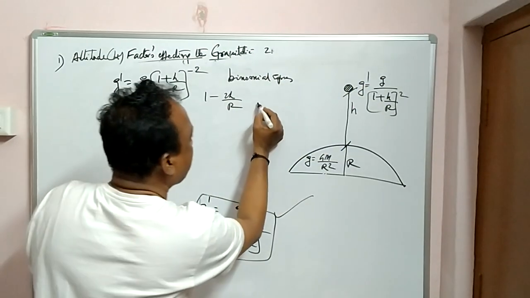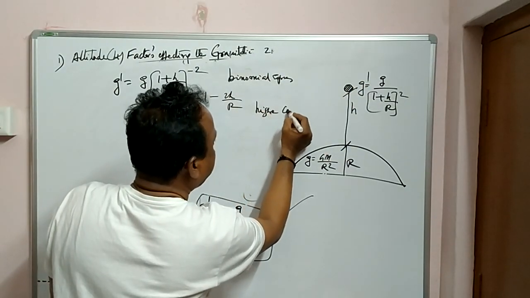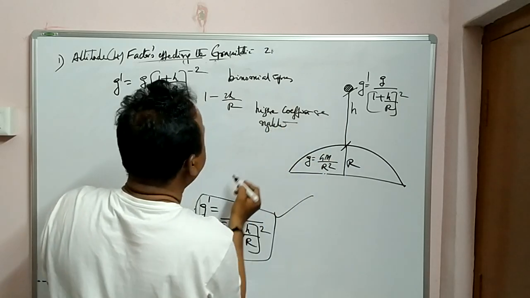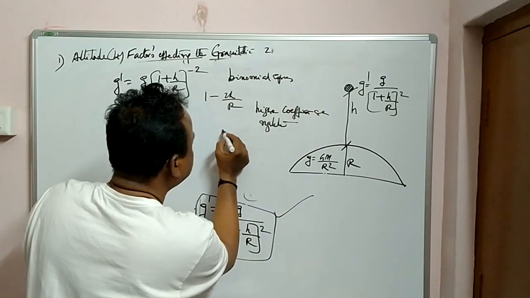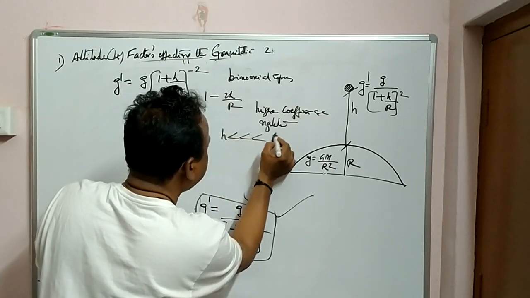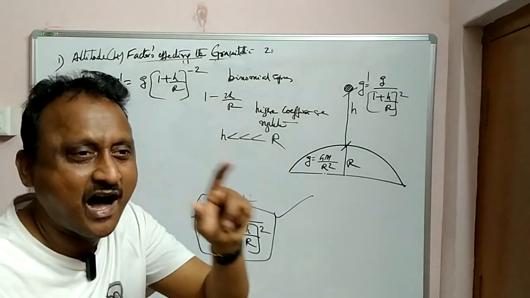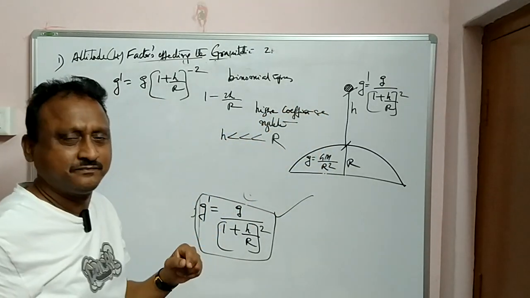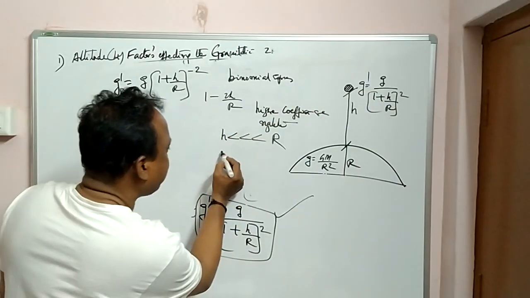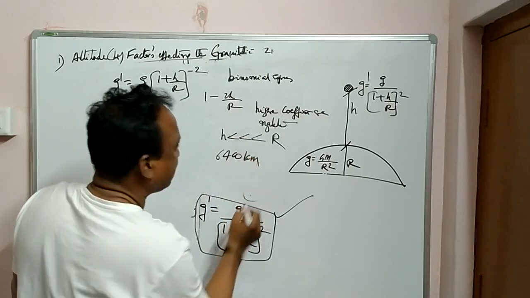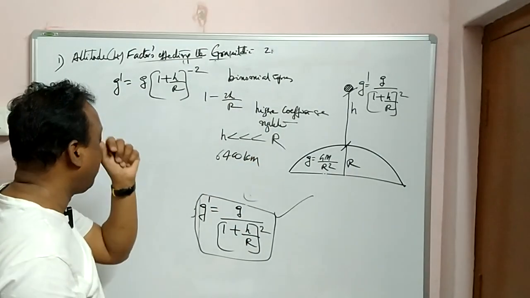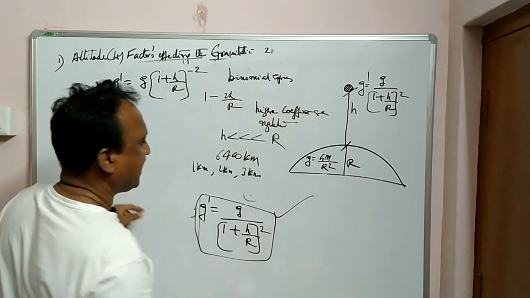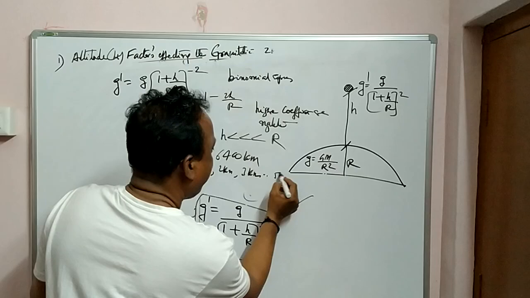So here what do we do? Higher-order terms are neglected. Why are they neglected? Because if you compare this height with the radius, h is very much less than R. You know what the radius of the Earth is, 6,400 kilometers. So h is very small, for example 1 kilometer, 2 kilometers, 3 kilometers, or nearly up to 5 kilometers.